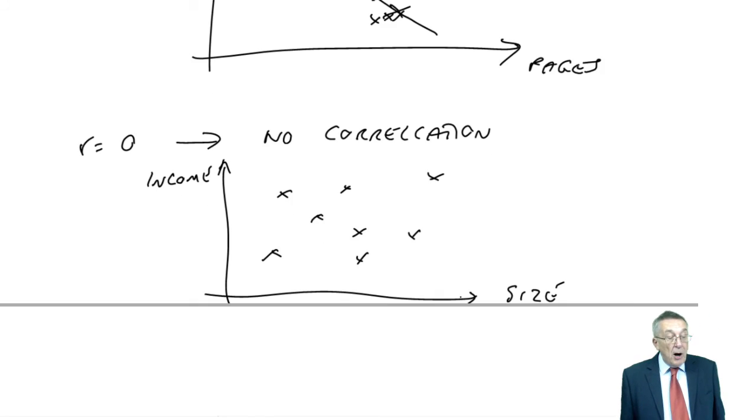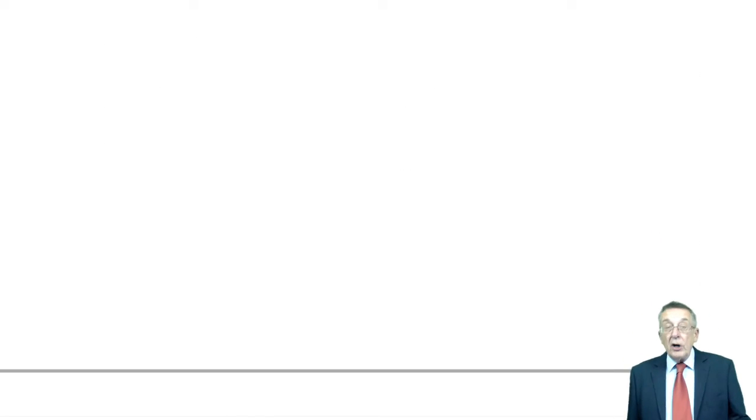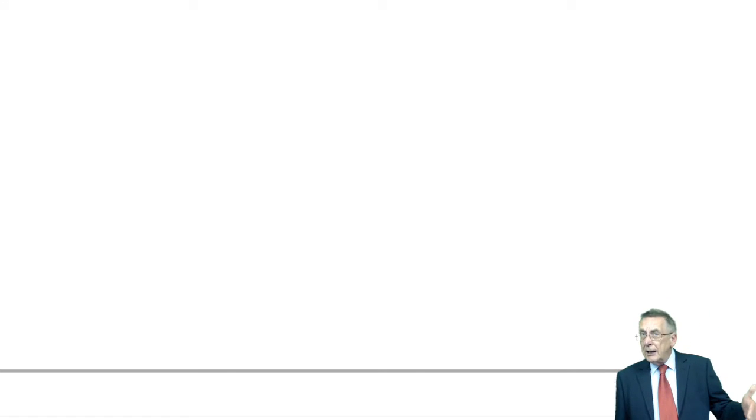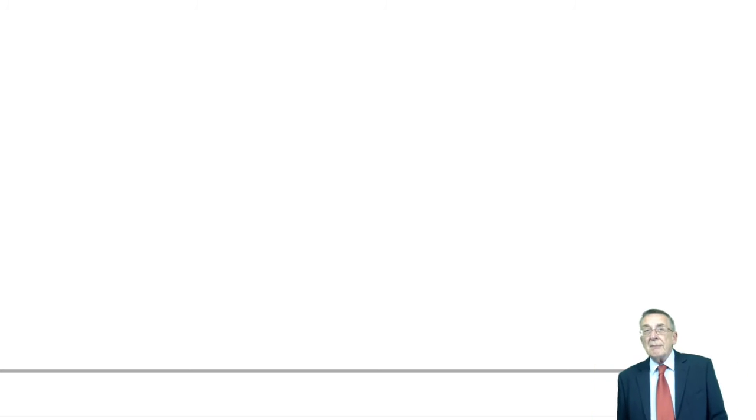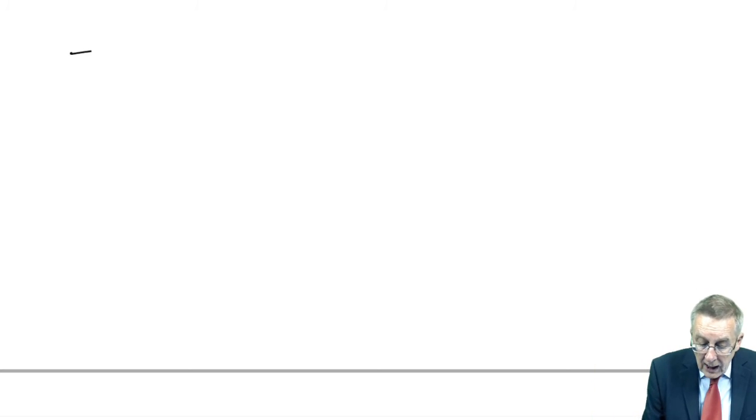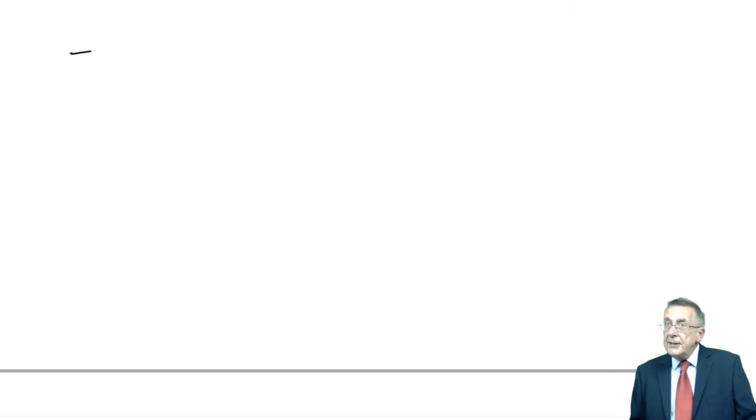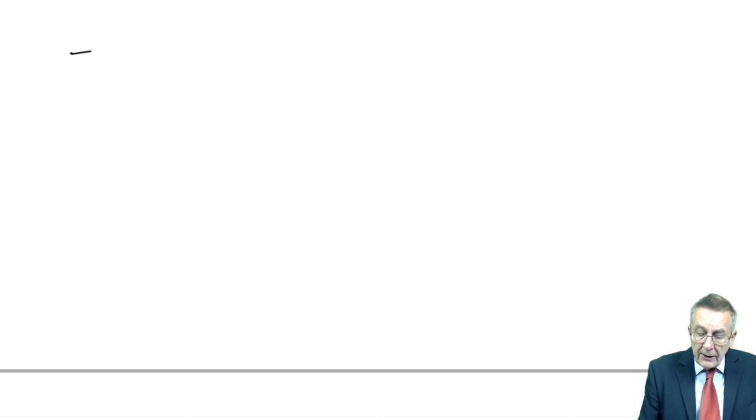Finally on this, it says problems with regression analysis. Well, I've already said why this is an improvement on high-low. We're not just looking at extremes, we're looking at all the values. The problems are, well, one is similar to high-low, that there's a risk if forecasting outside the range.